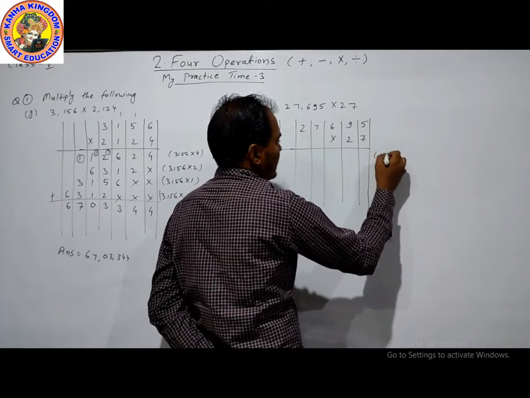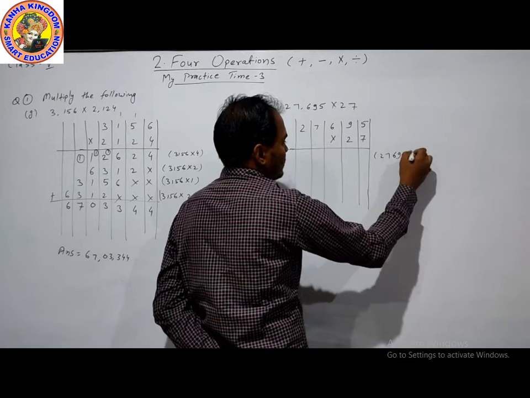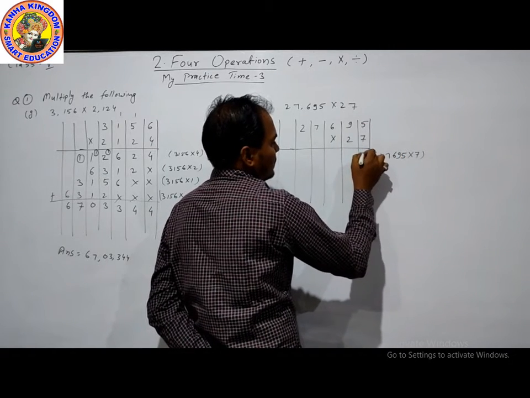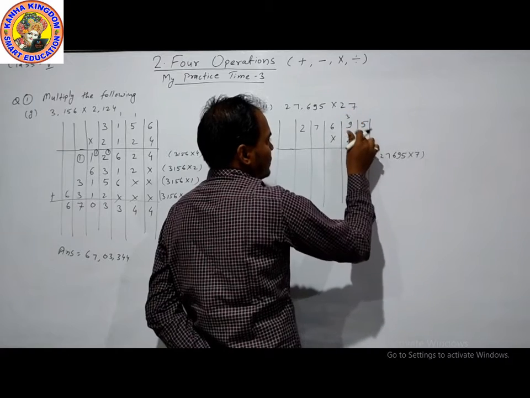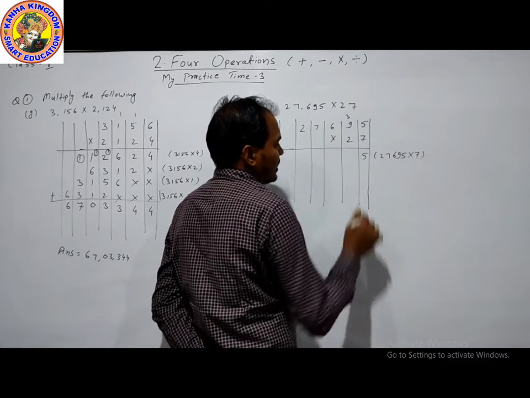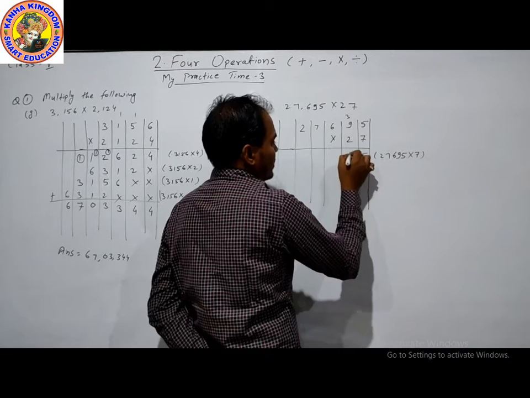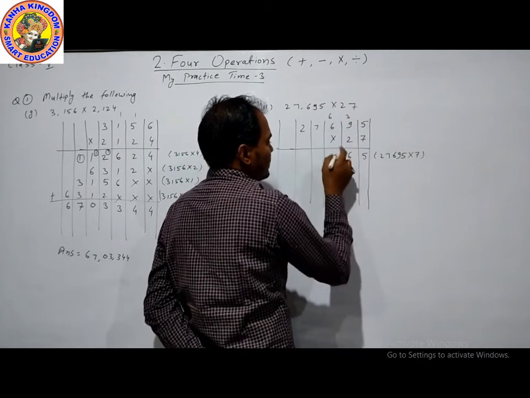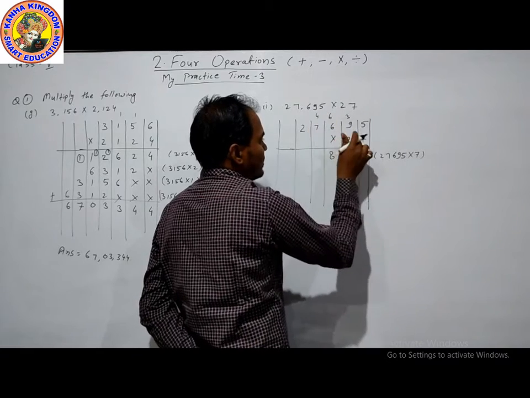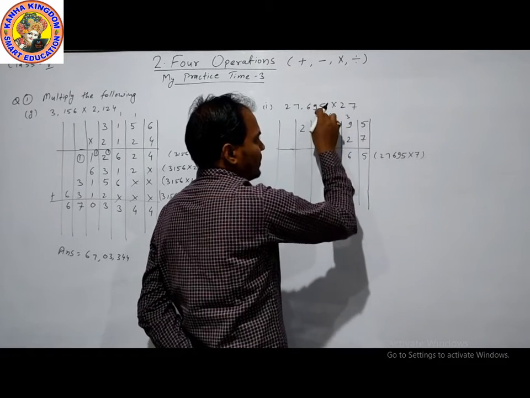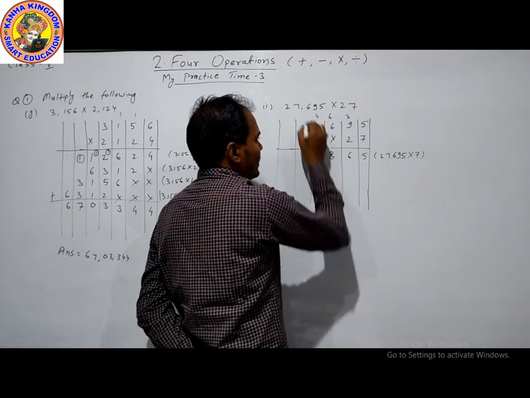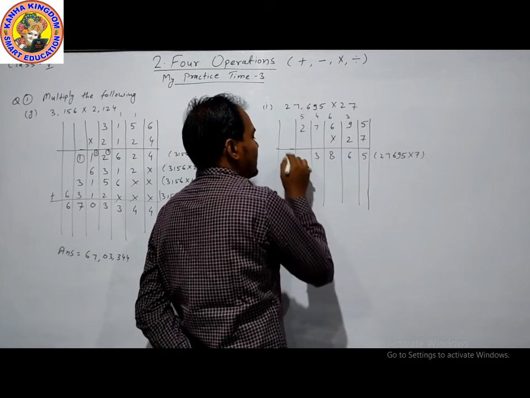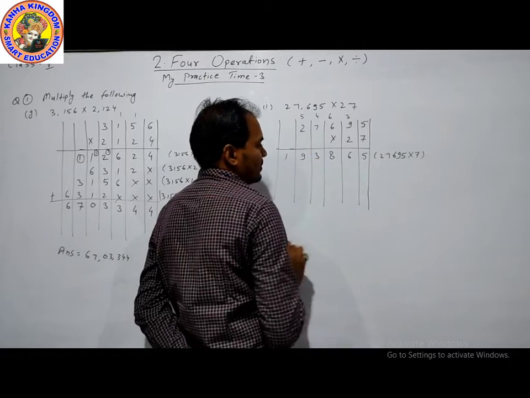First of all, the number is multiplied by 7. 7 into 5, 35. 7 into 9, 63 plus 3, 66. 7 into 6, 42 plus 6, 48. 7 into 7, 49. 49 plus 4, 53. 7 into 2, 14 plus 5, 19.